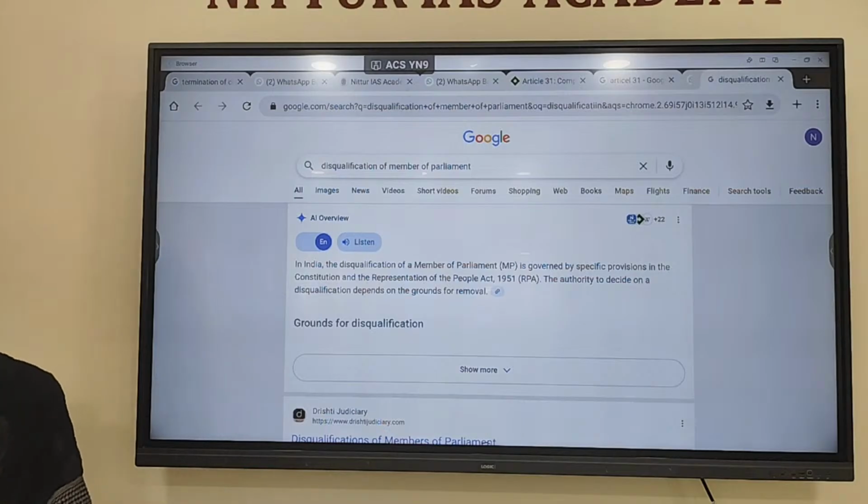Either he should resign for one post. Understood? They can contest the election for both. ಇವಾಗ ನಾನು MP ಆಗಿದ್ದೀನಿ, I can contest for MLA election. But once I get elected, at least I should choose only one. Understood?